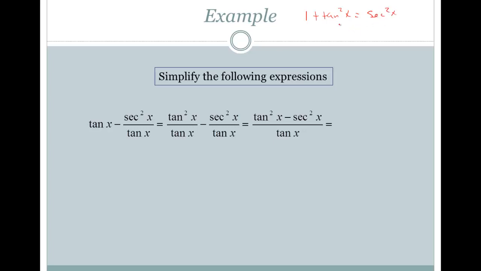If I bring the secant here and I bring the 1 over there, I'm going to get tan squared minus secant squared of x is equal to negative 1. So I'm going to replace this part right here with negative 1, and then 1 over tangent is equal to cotangent, so this is going to be negative cotangent of x.